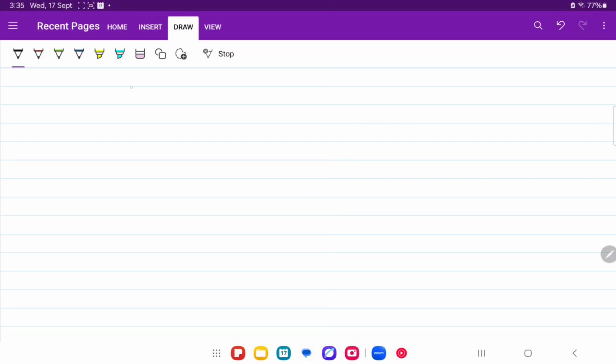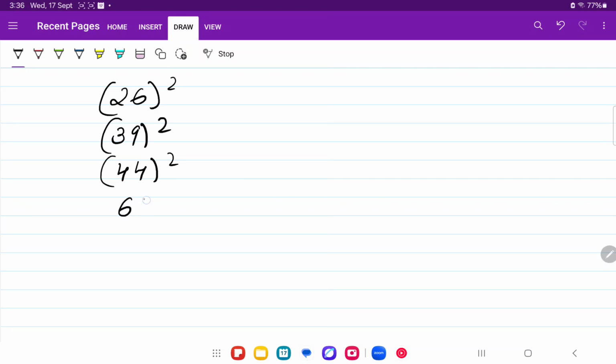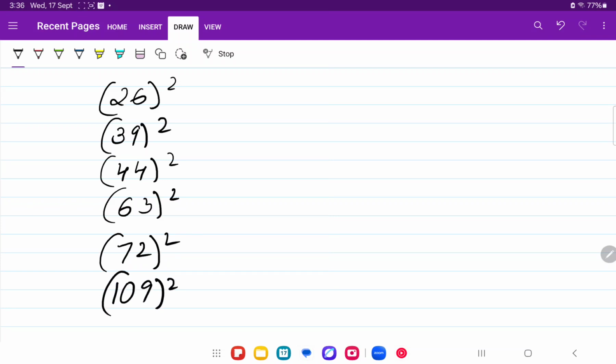So for your practice now, let's take 26 square, 39 square, 44 square, 63 square, 72 square, 109 square, 110 square, or 122 square. Find out these squares and get ready with your answers.